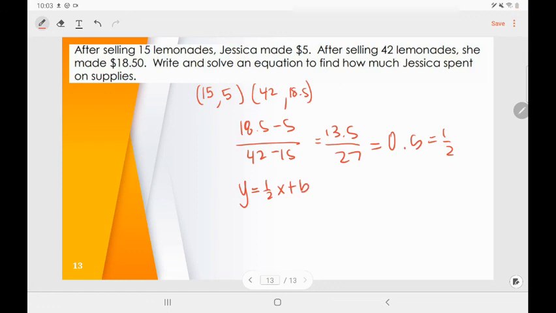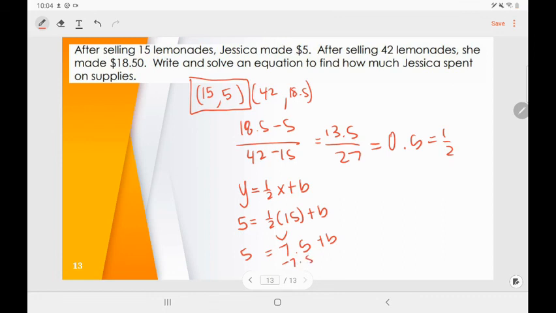We're going to use the b method again on this. I don't know what my y-intercept is. If they sell no lemonades, I have no clue how much I have. So I'm going to pick a point. This looks easier to use, and I'm going to plug it in. So 5 is my y, 1/2 times 15 plus b. 1/2 times 15 is 7.5, plus b, is equal to 5.